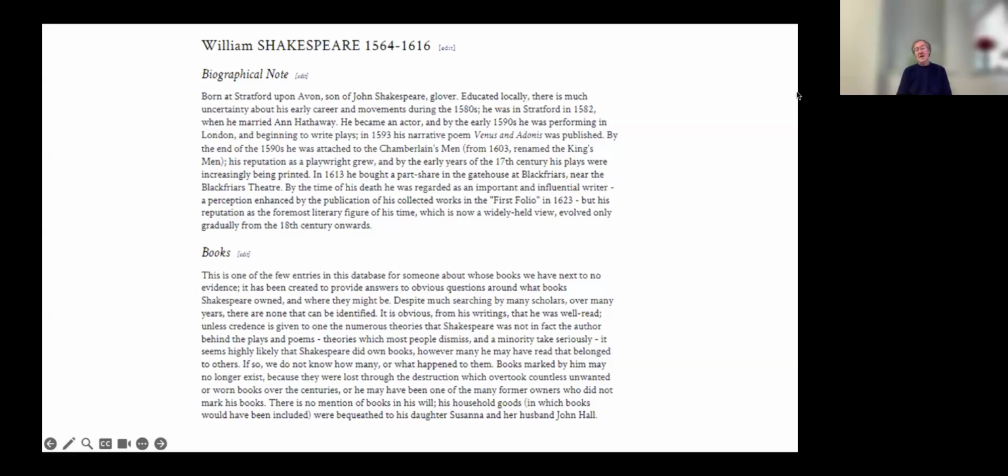There are plenty of books out there with 16th century hand-looking signatures, William Shakespeare on the title page, and they're all forgeries.